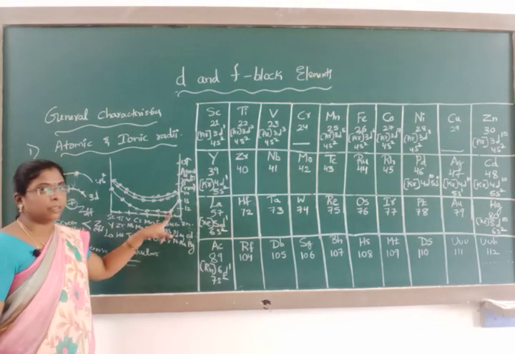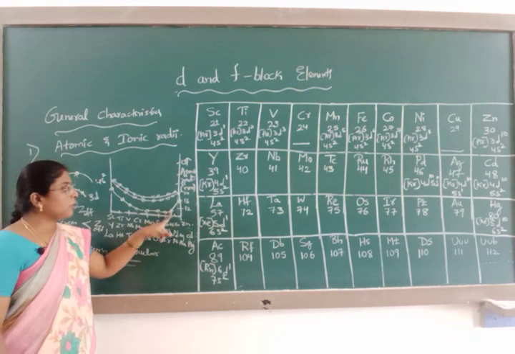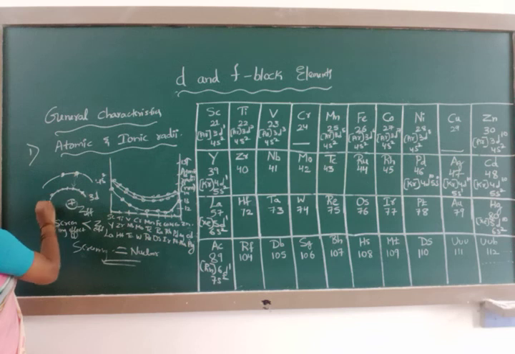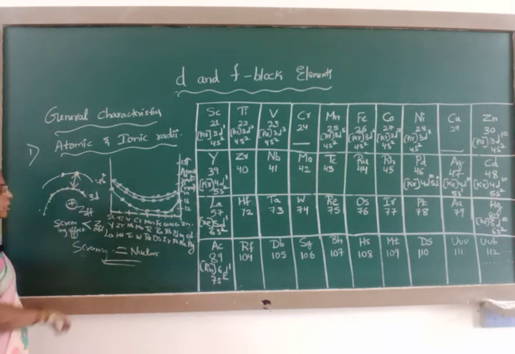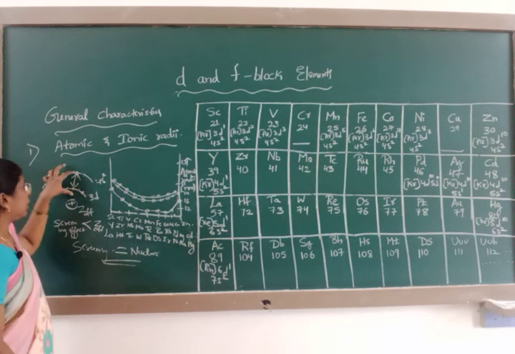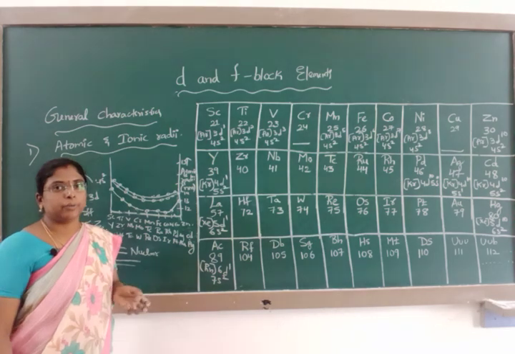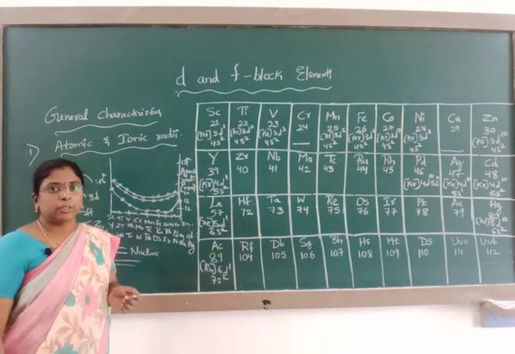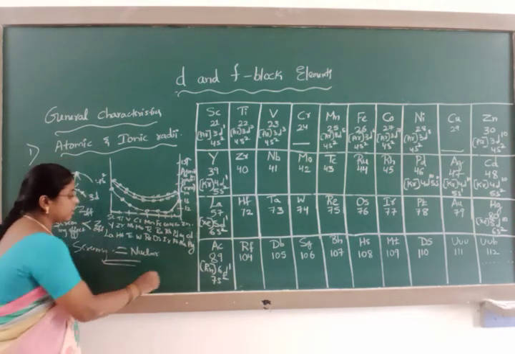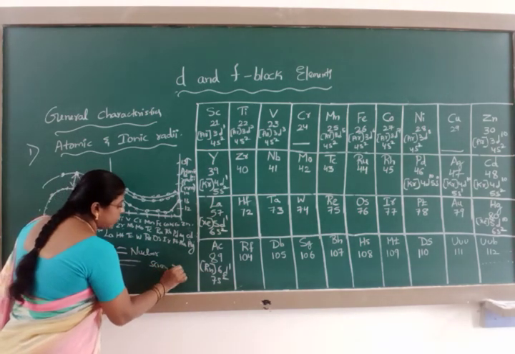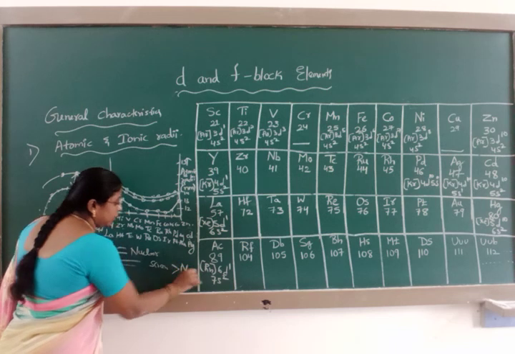After copper, what happens here? As more electrons are added, there is a greater repulsion between these electrons, and the screening effect increases. The effective nuclear charge also increases, but here the screening effect is more than the nuclear charge.